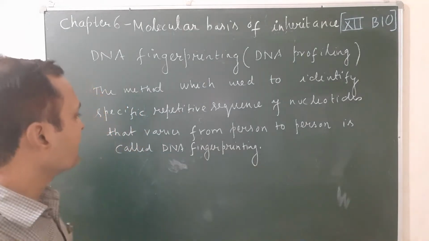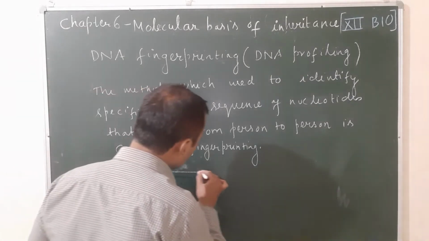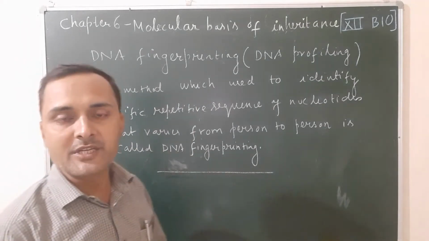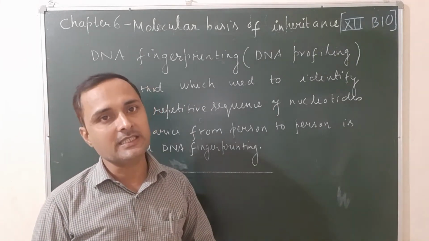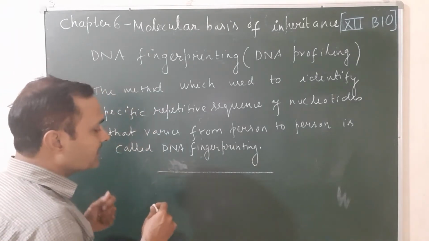Let us see what is the meaning of repetitive sequences. Suppose this is a DNA fragment, and it contains 4 types of bases: A, T, G, and C. But in the case of repetitive sequences, the same sequence is repeated many times.